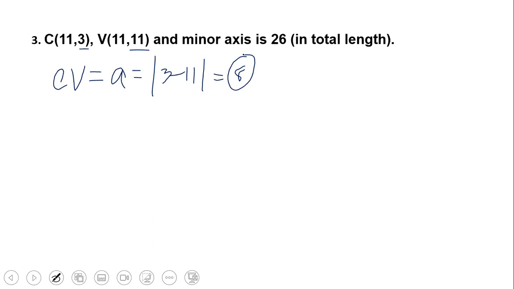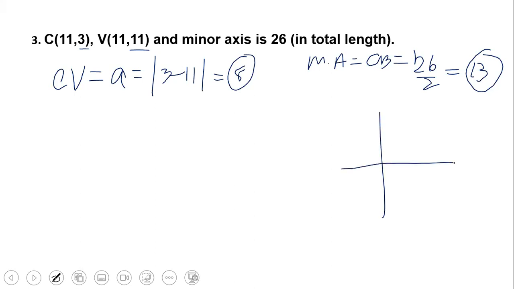Half of this, the minor axis or co-vertex, is 26 divided by 2, which is 13. In terms of graphing, we have the point (11, 3) and the point (11, 11). This is our center, and this is our vertex. It looks like this.